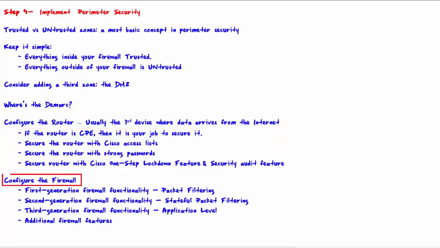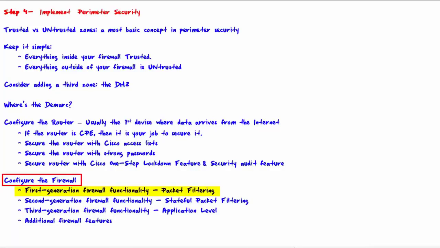And lastly, we will configure the firewall. Traffic that is permitted to pass the router next hits the firewall. A firewall is much more granular and powerful a device for controlling traffic in and out than your router. So first we talk about first generation firewall functionality.